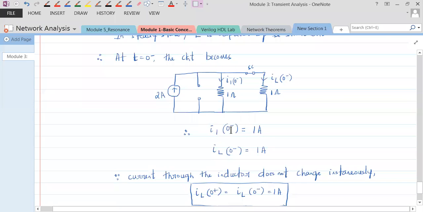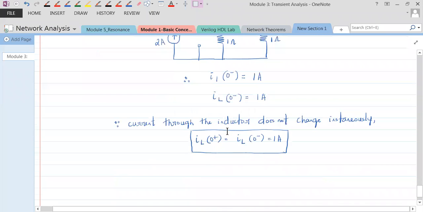So to find I1 of 0 plus, we need to understand. Why are we doing this? Because I1 of 0 plus is not equal to I1 of 0 minus.